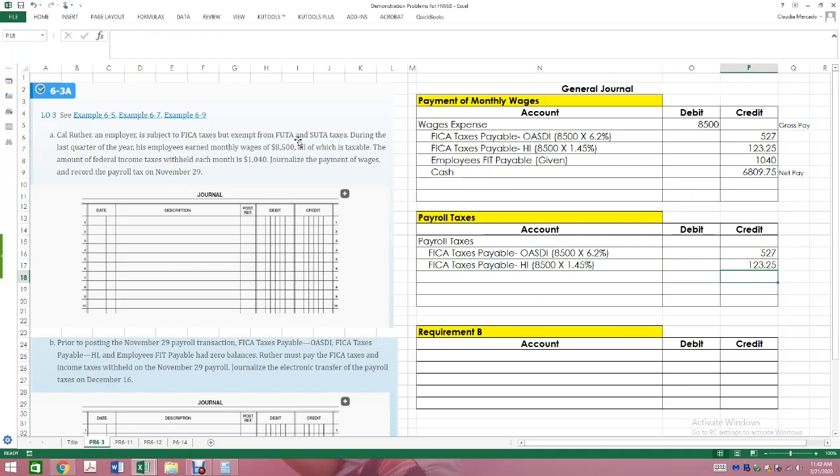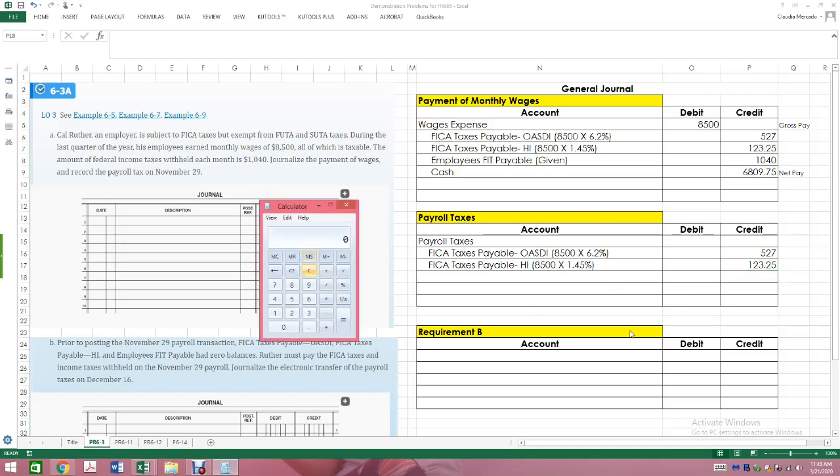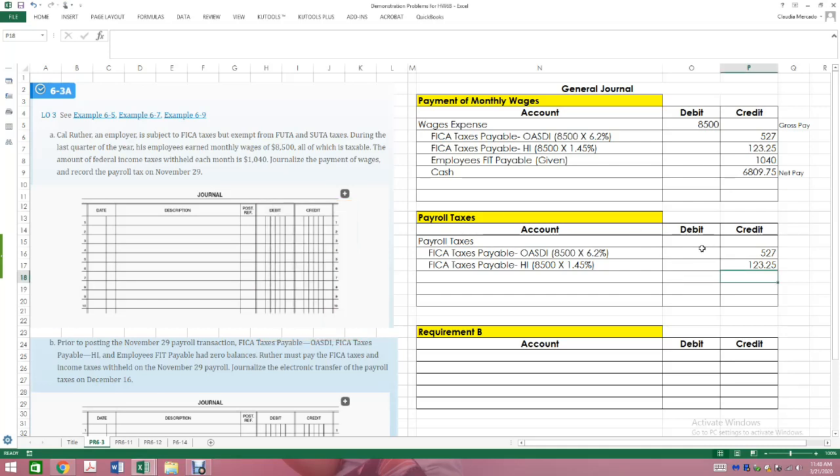They're exempt from FUTA and SUTA. So now I know that I need to figure out what is my total payroll taxes. Well, the employer is going to pay $527 for OASDI and $123.25 for HI. So the total payroll taxes is $650.25.